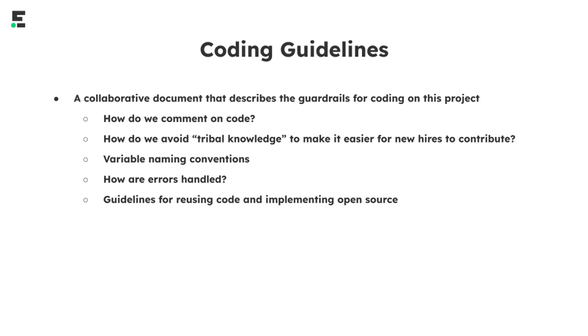It's also code formatting and naming conventions. How are we going to name variables? We want to name them in a way that makes sense to our application with our context here. How do we comment and how are we going to document a lot of the things we do in the code? How do we handle errors? Explicit is better than implicit, right? We want to raise meaningful errors.